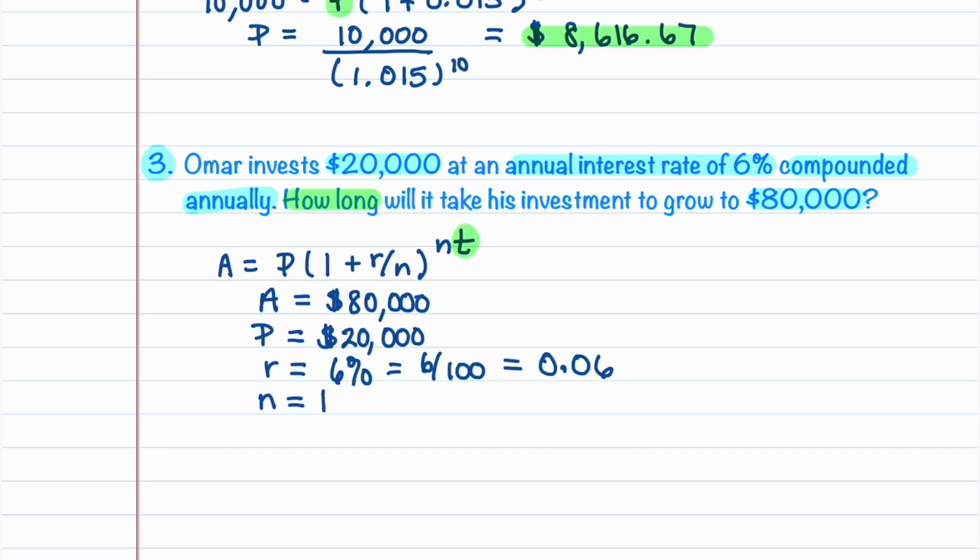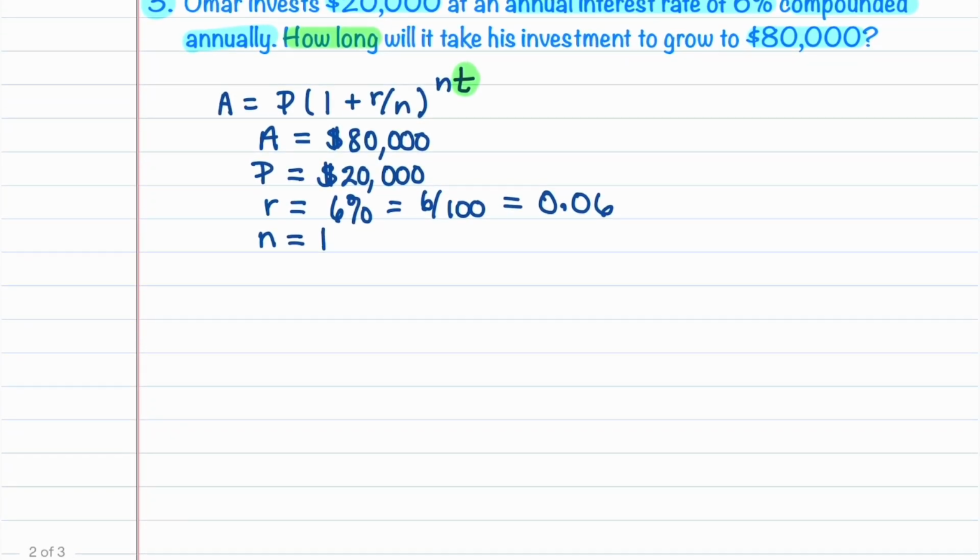Now let's plug all these numbers into our formula. Our A is 80,000. Our P is 20,000. And then we have 1 plus 0.06 divided by n, which is 1. And then the exponent is n, which is 1, times t, and I'll highlight that so we know that's what we're going to be solving for.